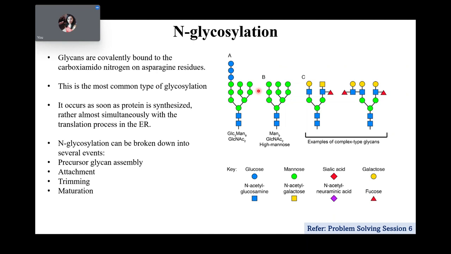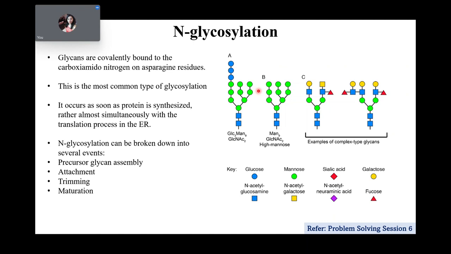Generally the O kind of glycosylation forms less complex structures because it doesn't have this precursor assembly. We have discussed this in problem solving session 6, where you can go back and check that in N-glycosylation the whole process of assembling and trimming is very complex, which makes the N-glycosylated proteins very complex in structure.